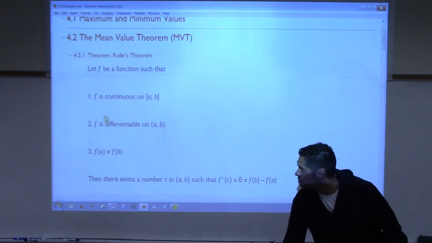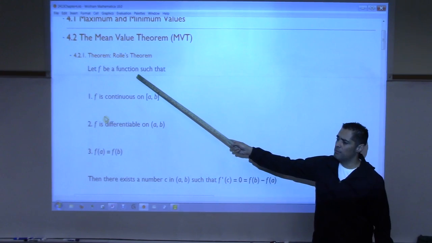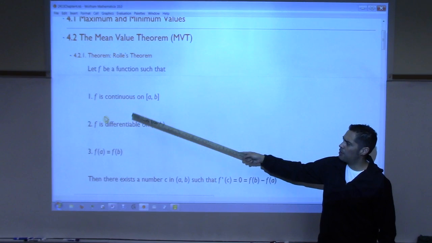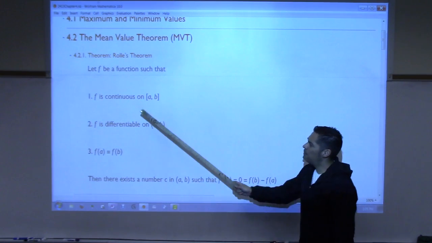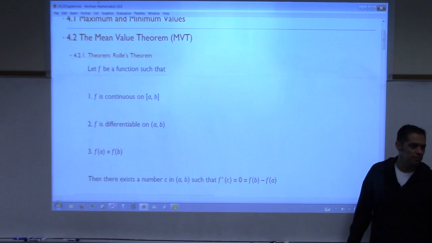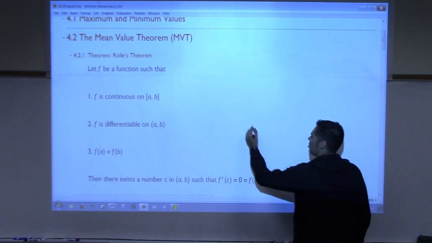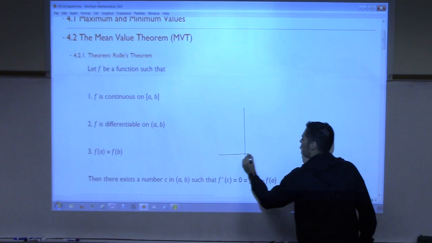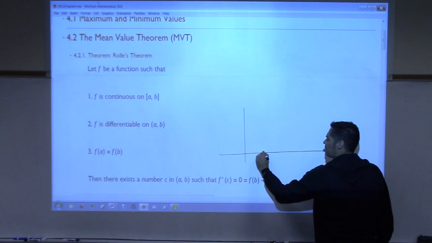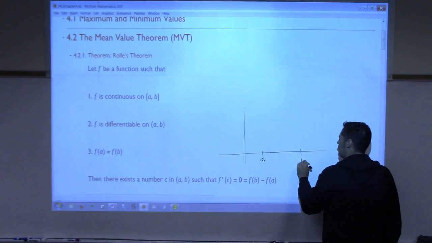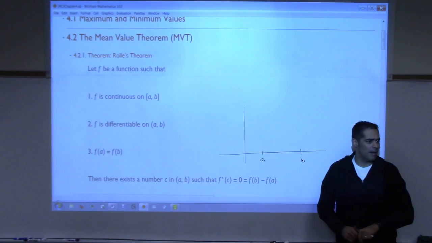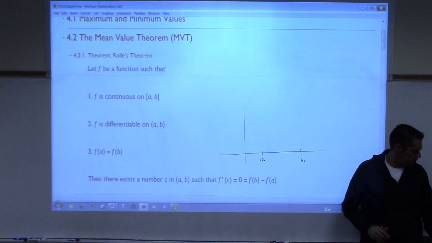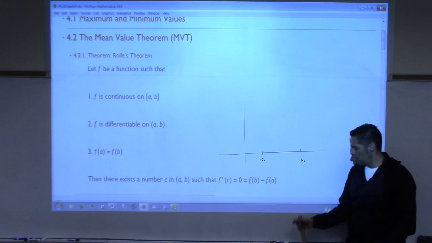Rolle's theorem says, let f be a function such that the following three things are true. First of all, f is a continuous function on a closed interval. That means if I draw this, let's say this is my x and y axes, and I have some x value a and some x value b, when I draw this I don't have to pick up my pencil. It's continuous on that interval.